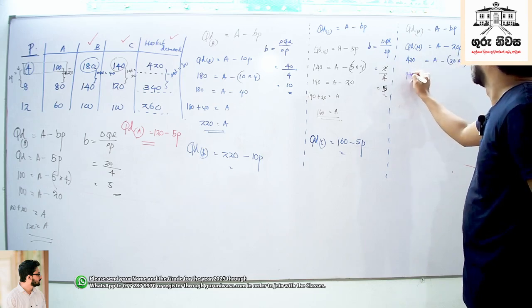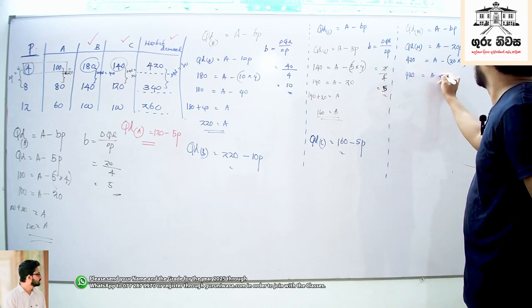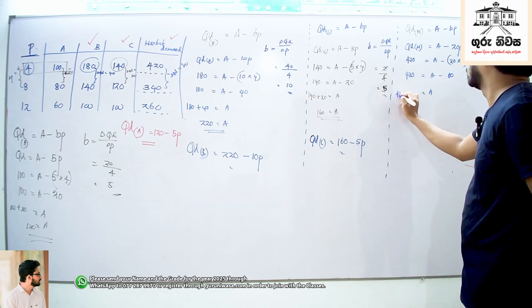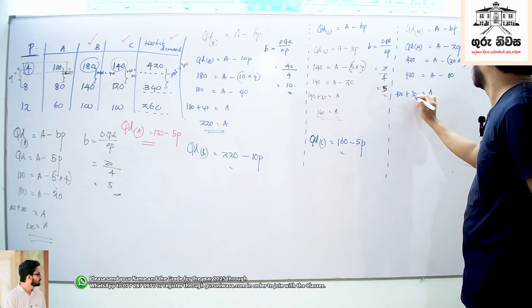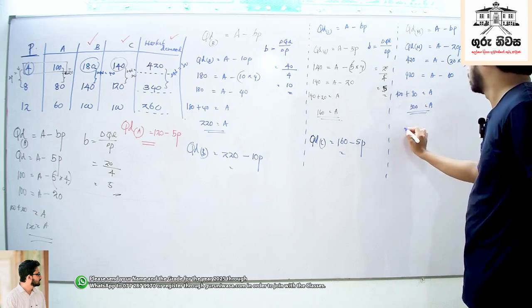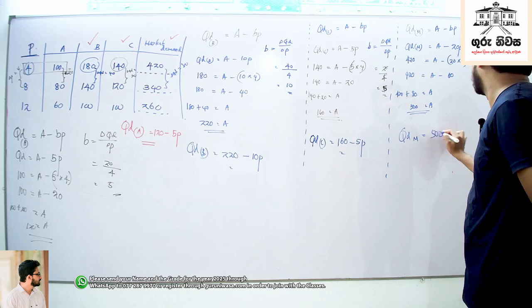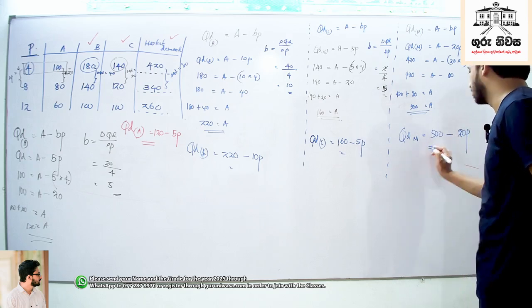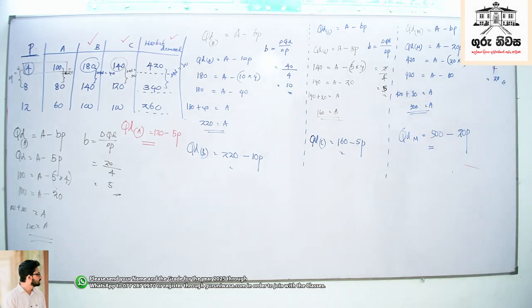Then 420 equals A minus 80. A equals 420 plus 80. A equals 500. So the market demand equation QDM should be 500 minus 20P. Remember, this is the market demand equation.